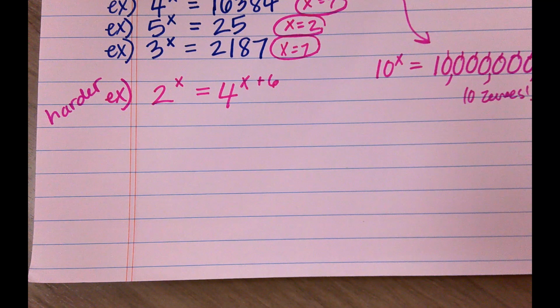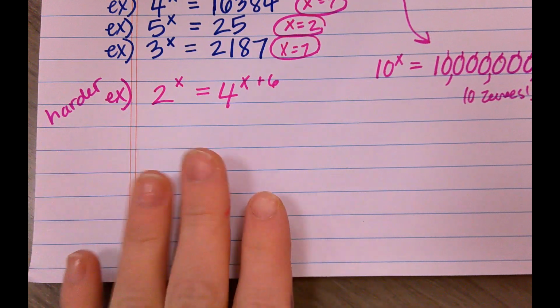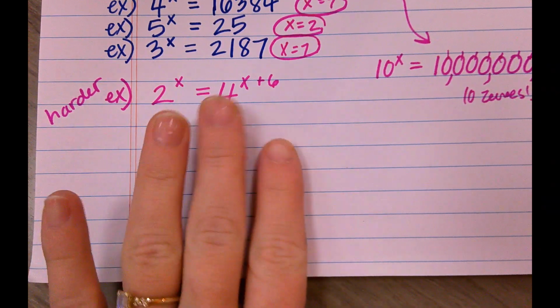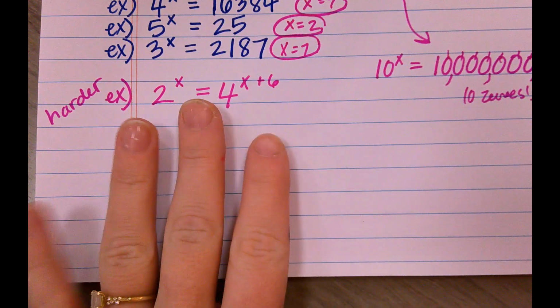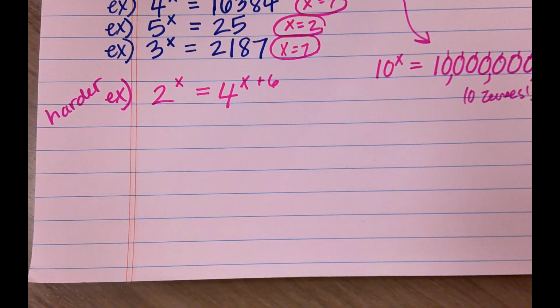That's where it would start to get a little bit more complicated, and we would want to keep track of our steps. This is not what I'm going to make your exit ticket about. This is more of what we'll talk about tomorrow. But is anybody curious to see what we would do here?